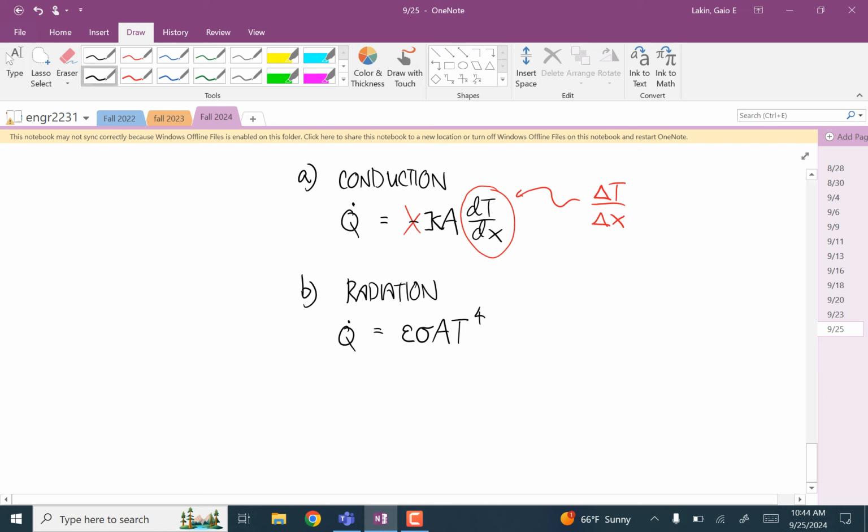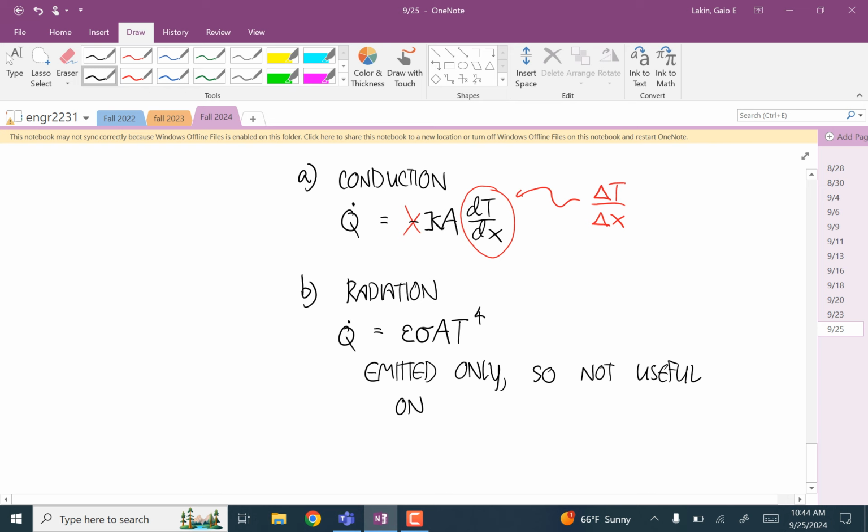This is just the rate of heat emitted. Emitted only. So this is not very useful with the first law. We're mostly doing absorb.